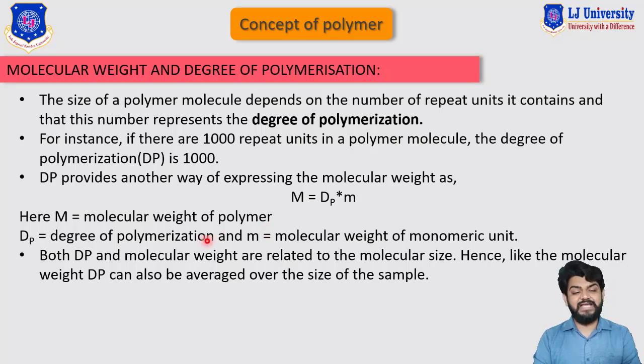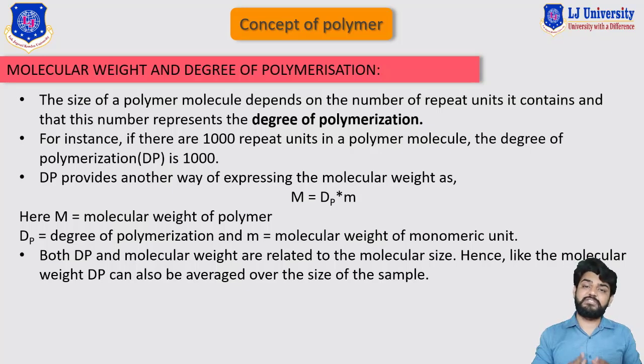The size of the polymer molecule will definitely depend on the number of repeating units contained in the polymeric unit, right? The polymer size is always defined by the number of monomeric units that are combined together to form the structure of the polymer, and that number is nothing but your degree of polymerization.